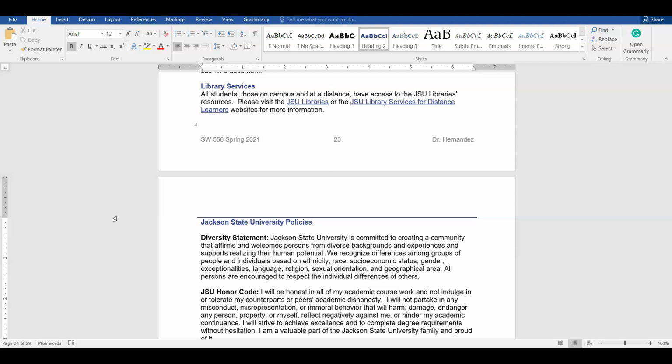So I'm not going to take points off, at least from my consideration, if it's less than 10%.